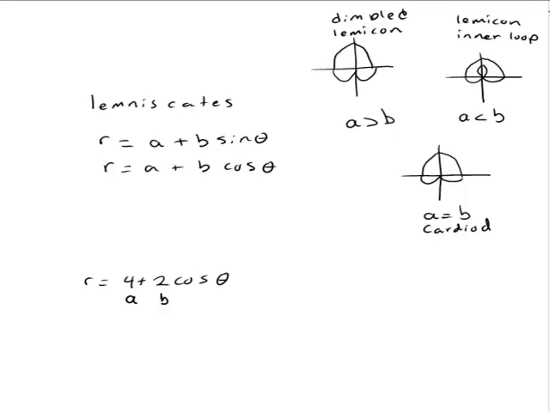And so we expect to have a dimpled limaçon. What's not going to happen, you see here, is this little point here does not actually hit the pole. So it won't hit the pole at that point.